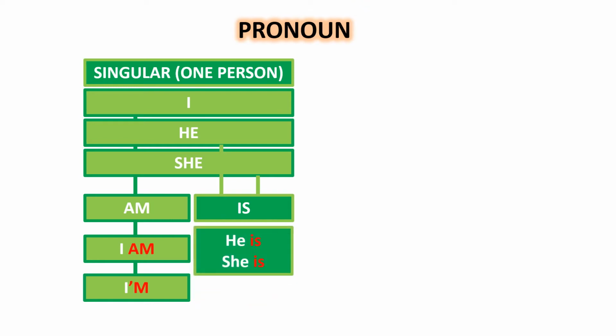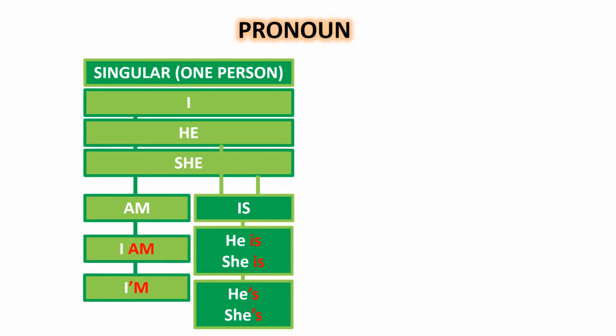When you say he is or she is, you can also say he's or she's, because he's is the short form for he is and she's is the short form for she is. So these three are for singular pronouns: I'm, he's, and she's.